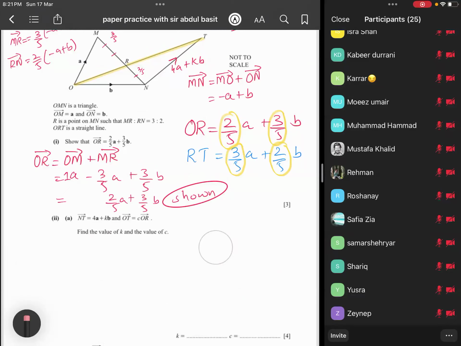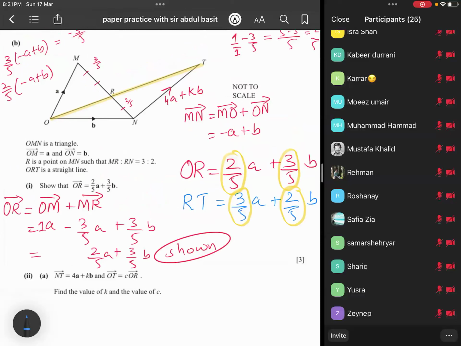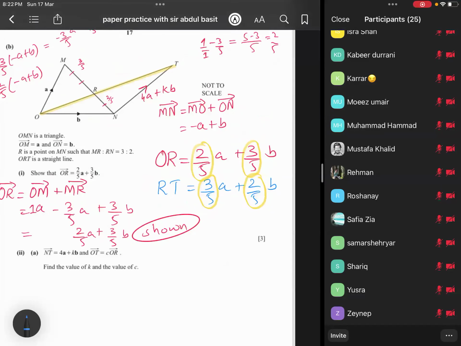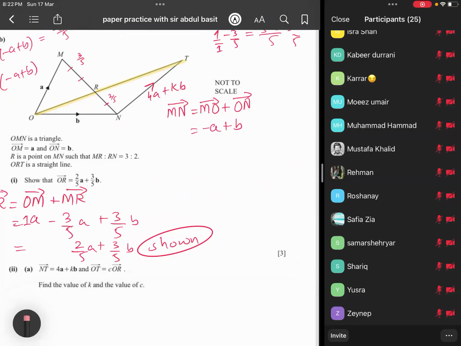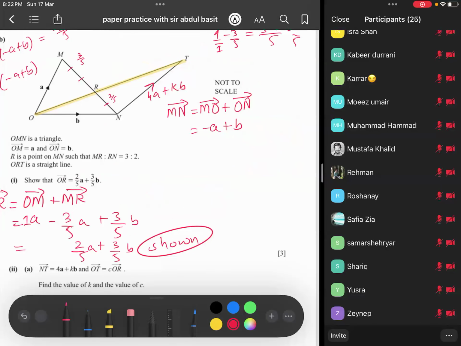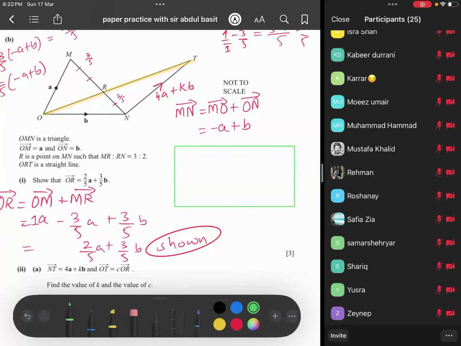Look at the question again. OR is 2 out of 5a plus 3 out of 5b. So that is 2 out of 5 and that is 3 out of 5b. That is fine. So let me simplify this question this way. Now this is a star question.